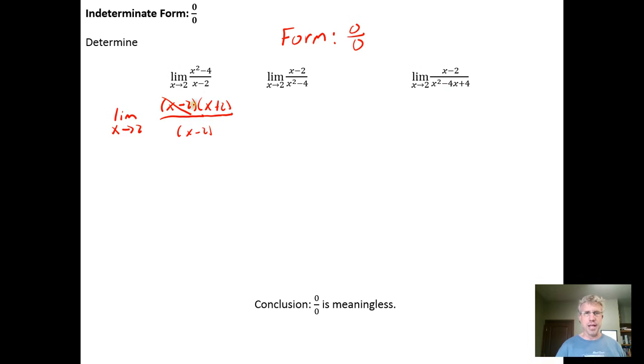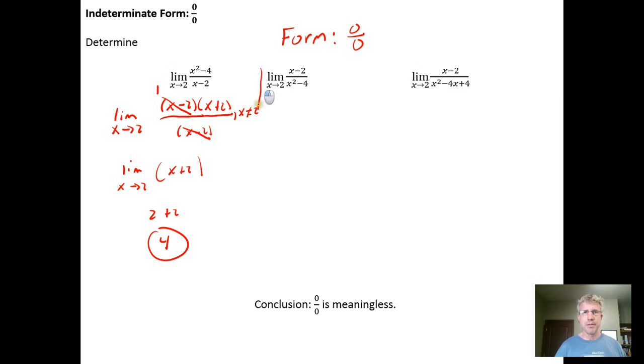So we recognize that x minus 2 divided by x minus 2 equals 1, as long as x isn't 2, we can't plug 2 in. That causes a division by 0. So once we do that simplification, we get the limit as x goes to 2 of just x plus 2. And there's no restriction on the domain of x plus 2. The domain is all real numbers, so it's okay to plug 2 in.